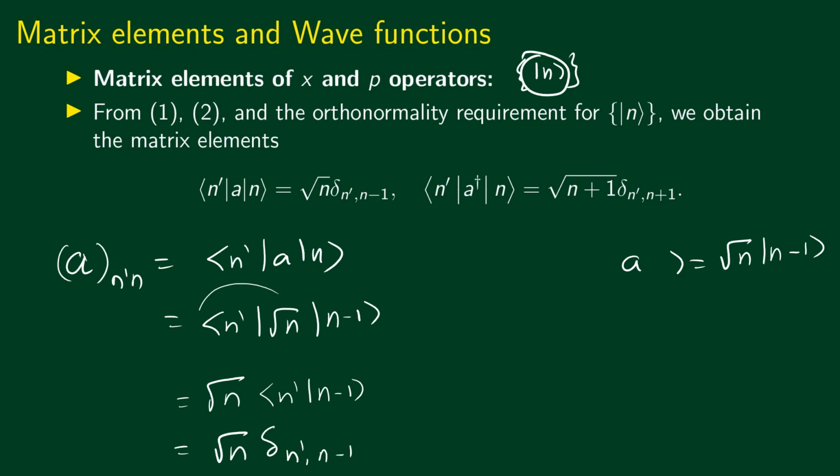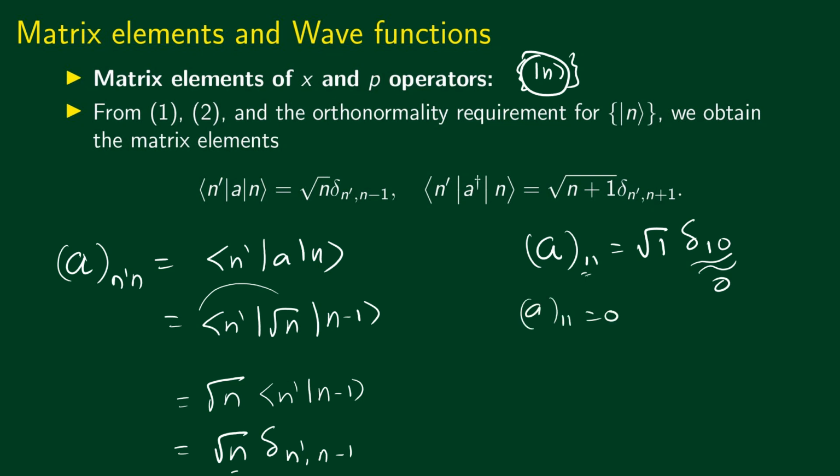For example, if you want to find the 1 1 matrix element of operator A, let's call it A11, this would be equal to, according to this relation, square root of 1 multiplying delta, where n prime here is 1, but n minus 1 is 0. So this is 0, which means that A11 is equal to 0.